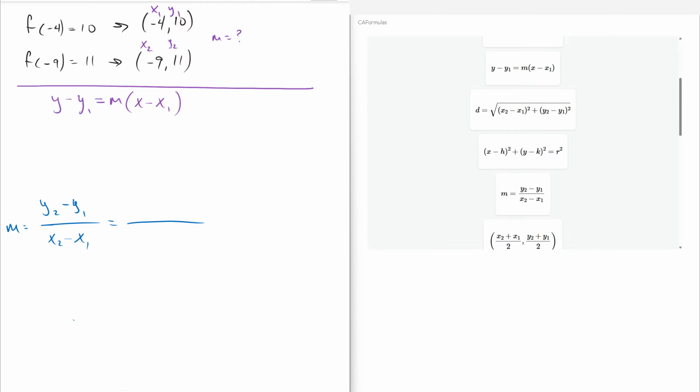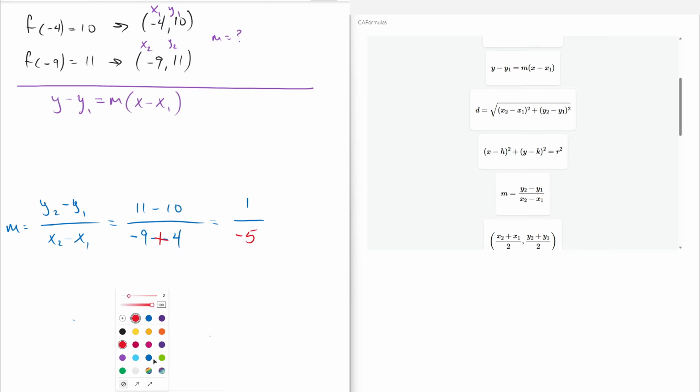So y2 is 11 minus 10 over the bottom, x2 -9 minus x1 -4. 11 minus 10 is 1, and on the bottom, remember that two negatives just turn into a plus sign, so that is -9 plus 4, so -5.